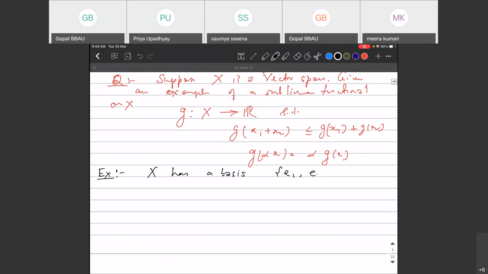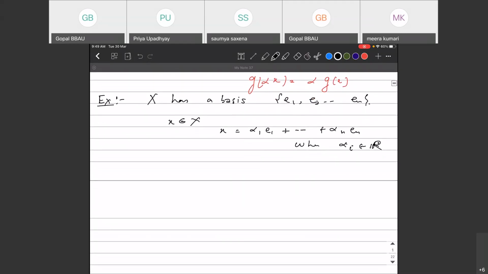Suppose X is a finite dimensional vector space. So X has a basis, and each element of X can be written in this form, where alpha i belong to R. You know this, and this representation is unique. Correct? If you remember the L1 norm, so what was the L1 norm?